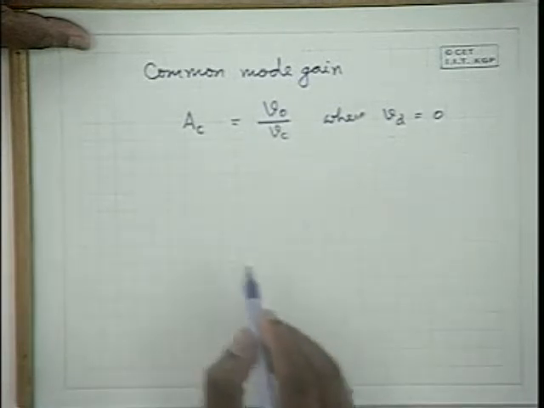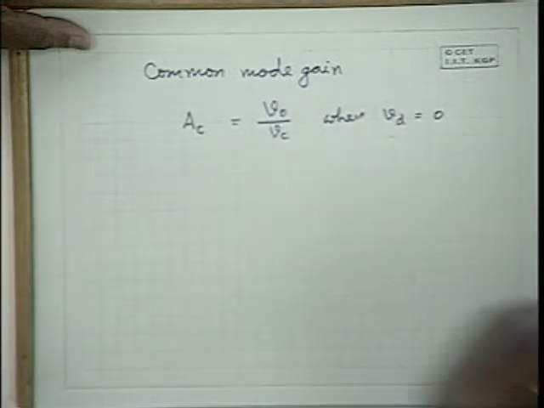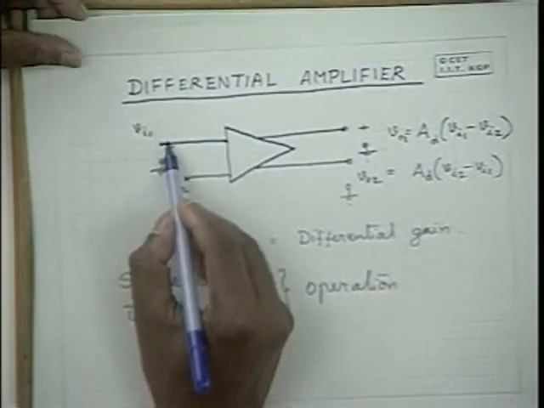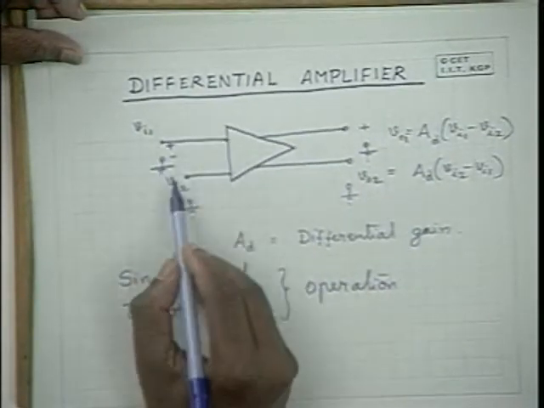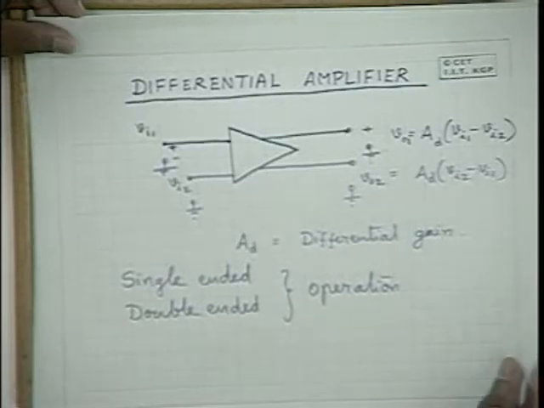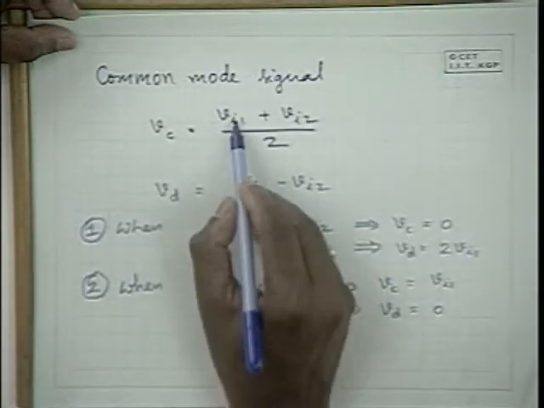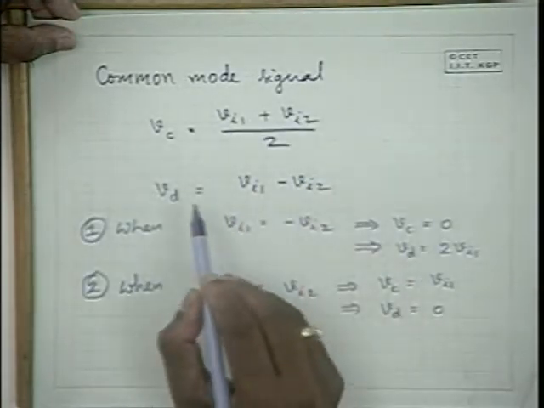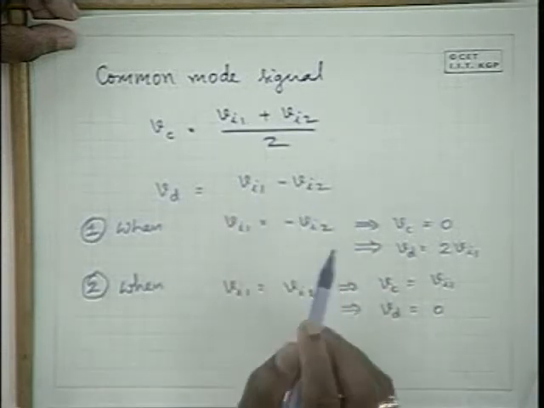In the present example, Vi1 is the input at terminal 1 and Vi2 is the input at terminal 2, the common mode signal is (Vi1 plus Vi2) by 2, and the differential signal is Vi1 minus Vi2.